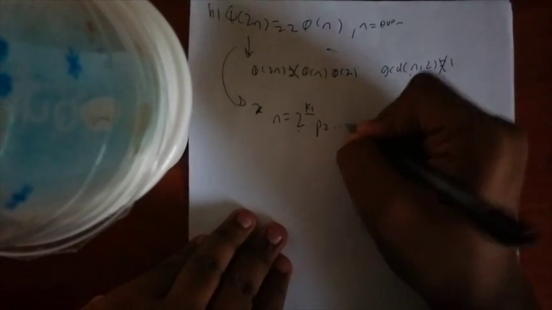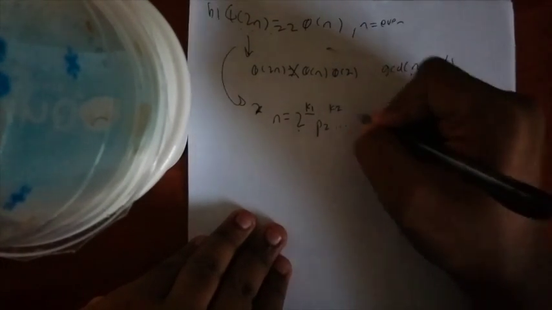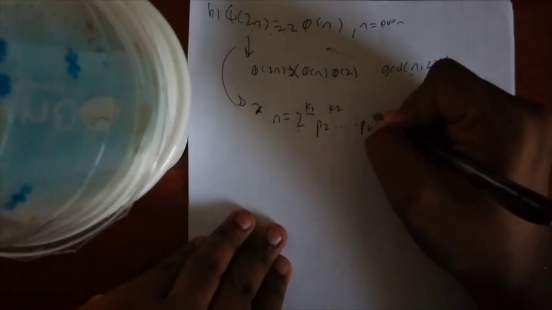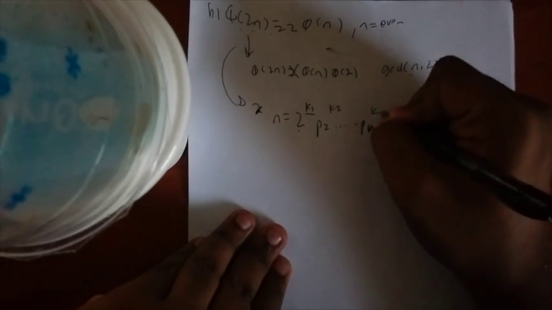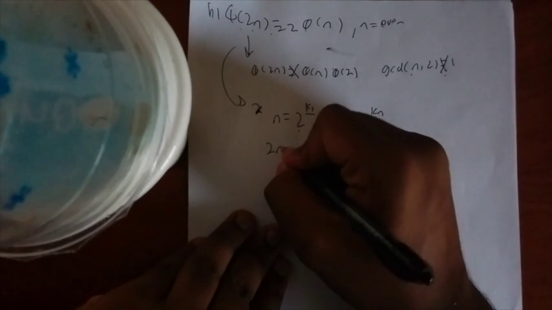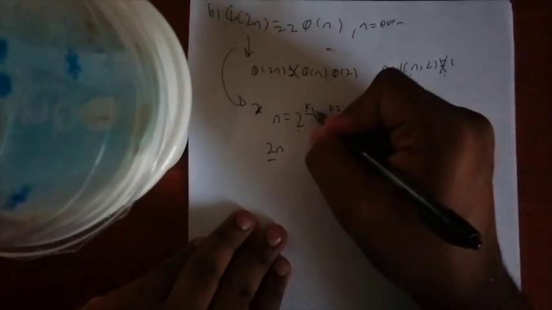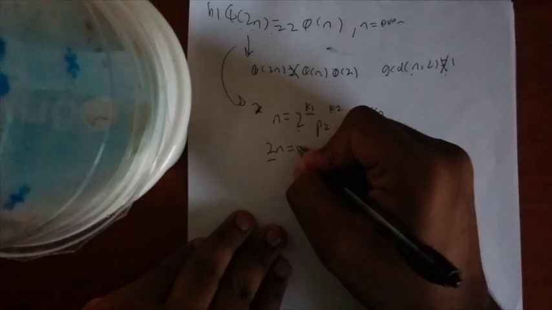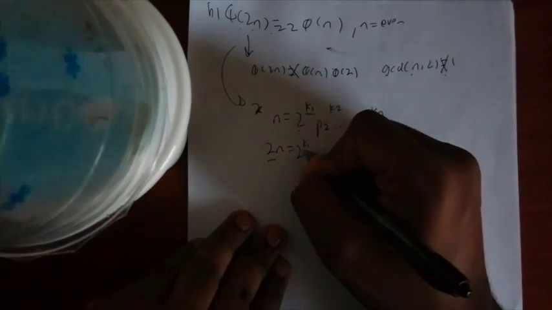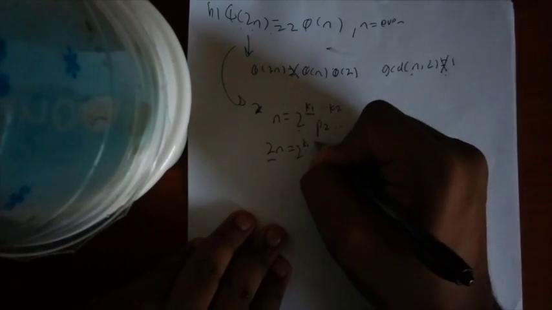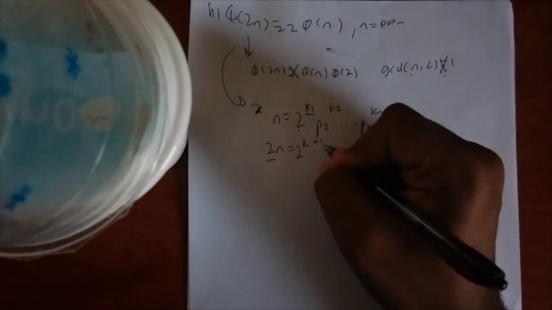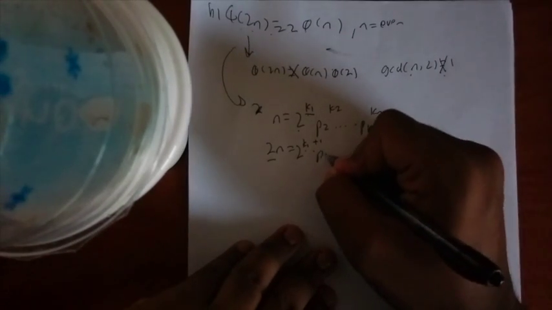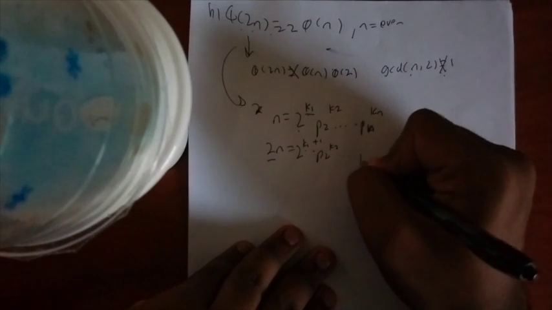And then we can rewrite all the primes out: p2 to the k2, dot dot dot, p_n to the k_n. So if we have 2n, that additional 2 will increase this exponent. What I mean by that is instead of having k1 as our exponent, we're going to have k1 plus 1, and everything else remains the same.